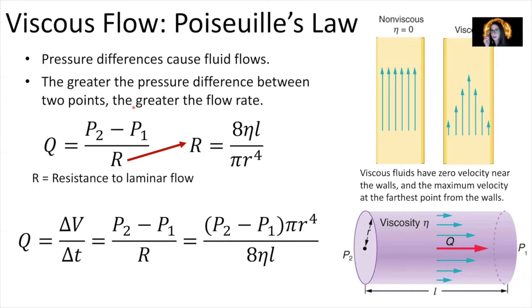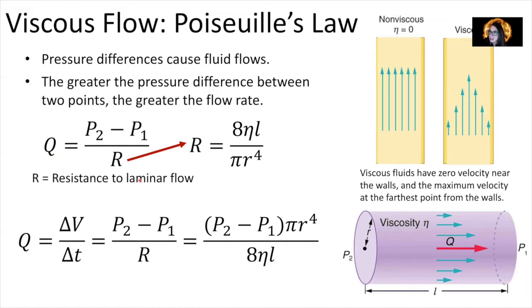And here is an equation for the flow rate of a viscous fluid, okay, a fluid that has some viscosity. So the flow rate is equal to the difference in pressure between 2 points divided by this quantity R here, which is what we're calling the resistance to laminar flow.